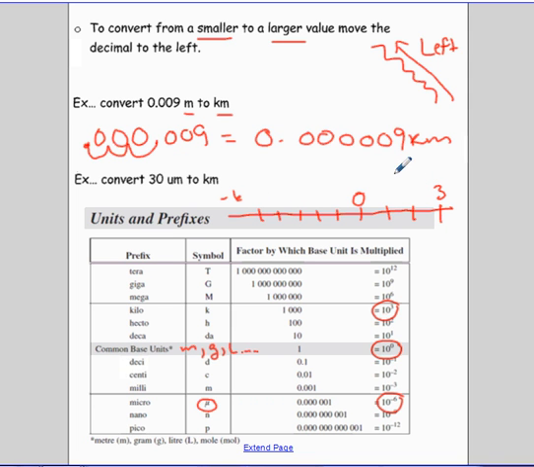It's a total of 9. So I'm going to move my decimal 9 spaces to the left. If we move our decimal 1, 2, 3, 4, 5, 6, 7, 8, 9 spaces, and fill all of those in with zeros, we get an answer of 0.0000030 kilometers. So a very small number.